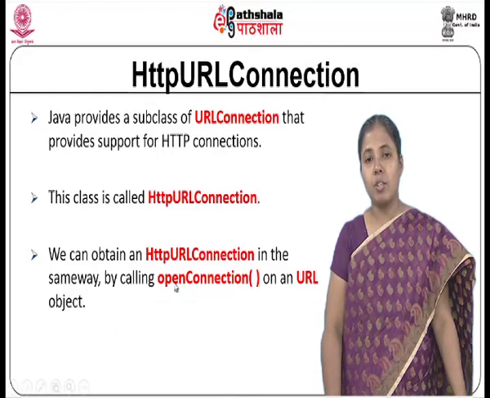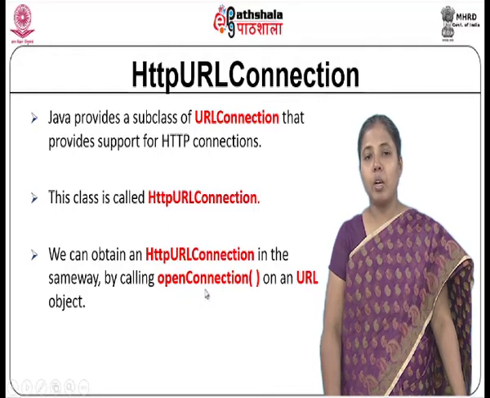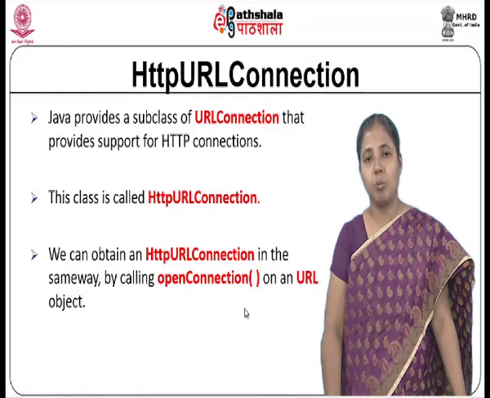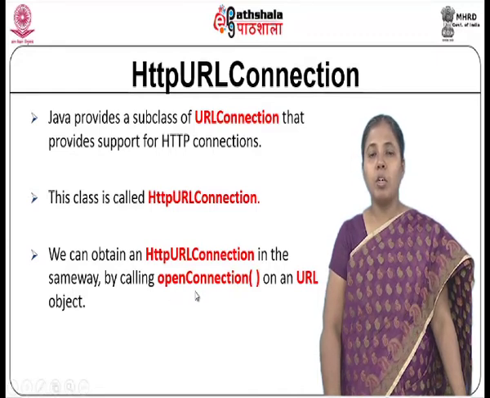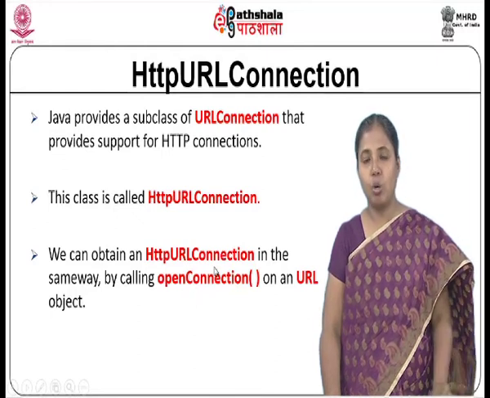The syntax we will see in the coming slides. With the URL object you have a method called openConnection. When you call this openConnection method with the URL object, it returns a URLConnection object, and the same method would also be used to return an HttpURLConnection object.